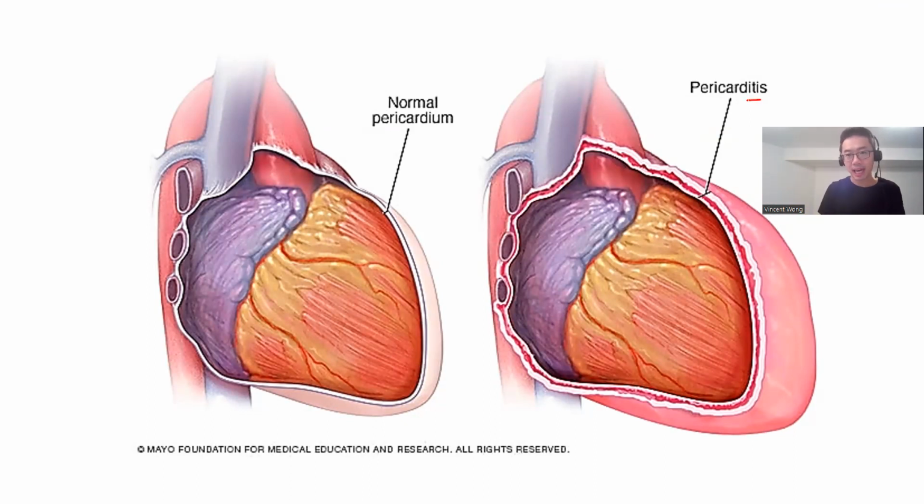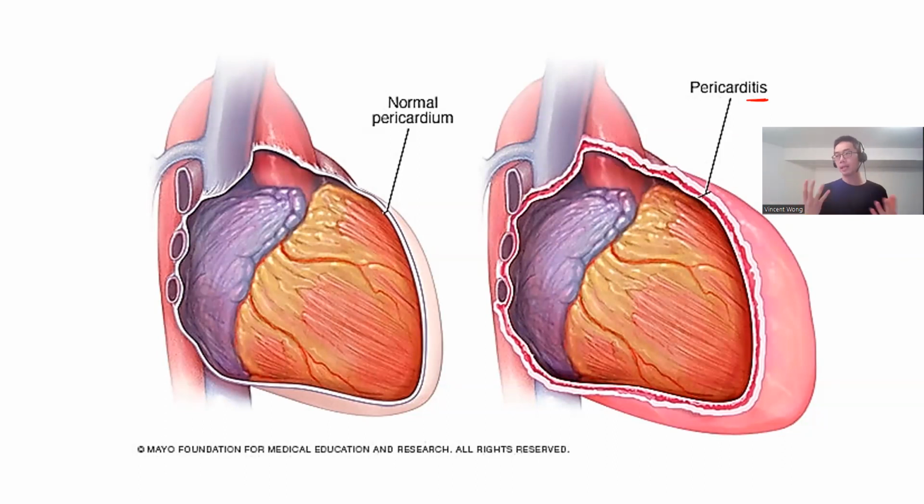Okay, so anytime you see itis, like hepatitis, gingivitis, meningitis, pericarditis, right? Itis means inflammation. So this is the inflammation of the pericardium. People who experience pericarditis would often think they are having a heart attack because the pain is very, very sharp and it happens continuously.